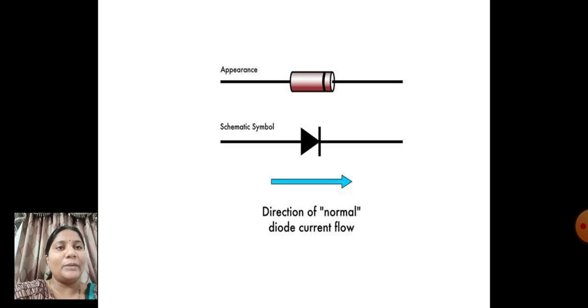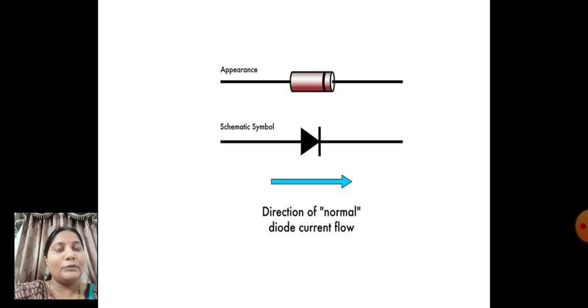So from this arrow mark we can say that in the PN junction diode the current always flows in the direction of positive to negative and opposes the current in the reverse direction, like negative to positive. So from these two pictures we can clarify that PN junction diode is a two-terminal semiconductor diode and allows the current in only one direction, and that particular direction is positive to negative, and opposes the current in another direction, that is negative to positive.